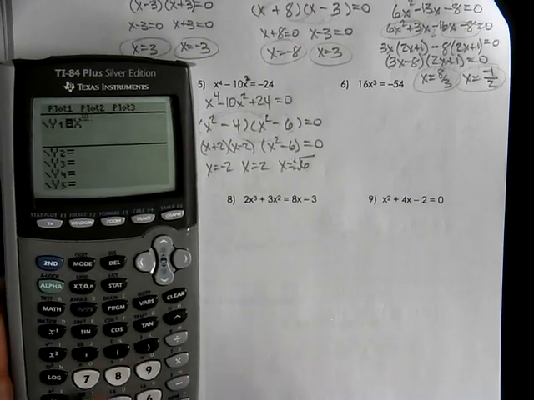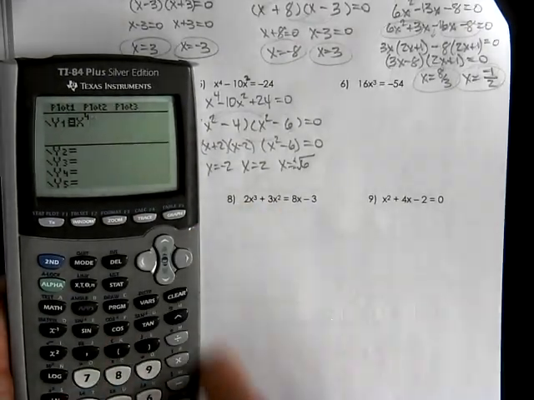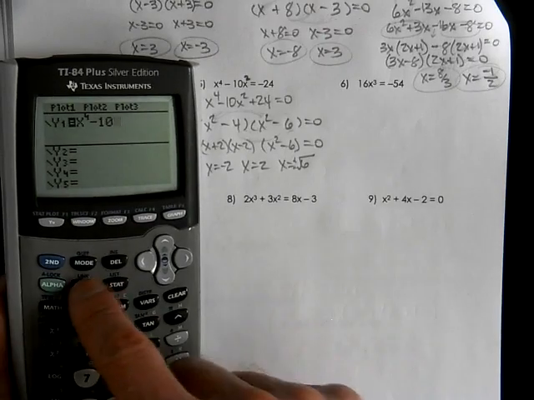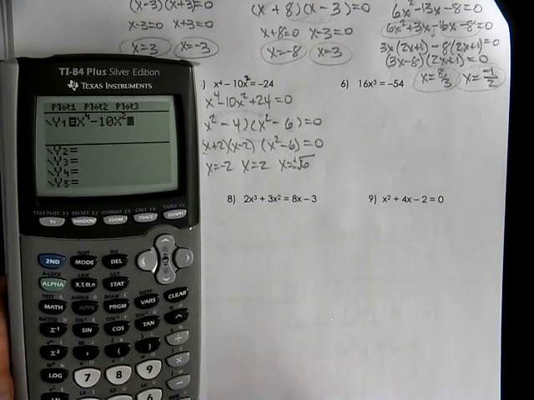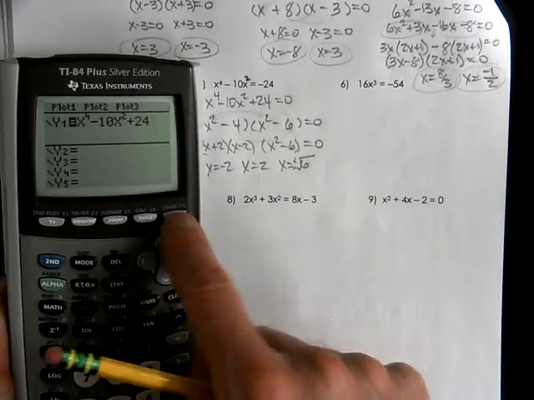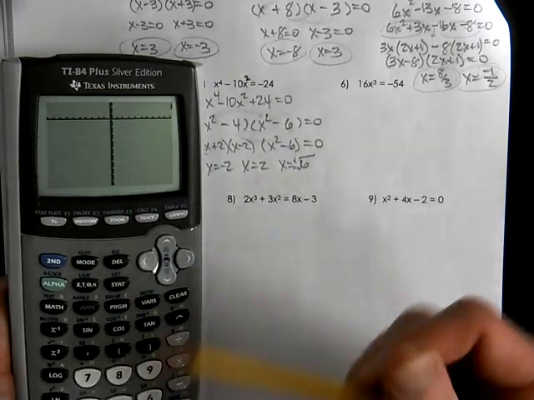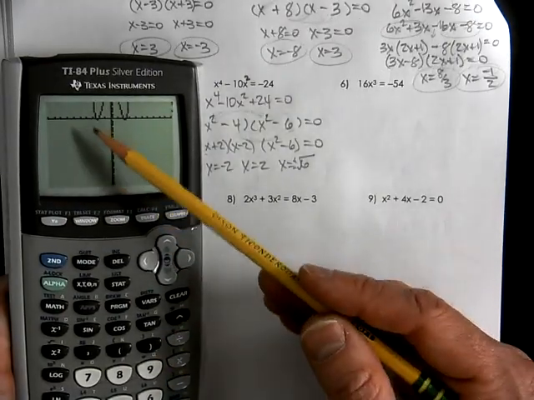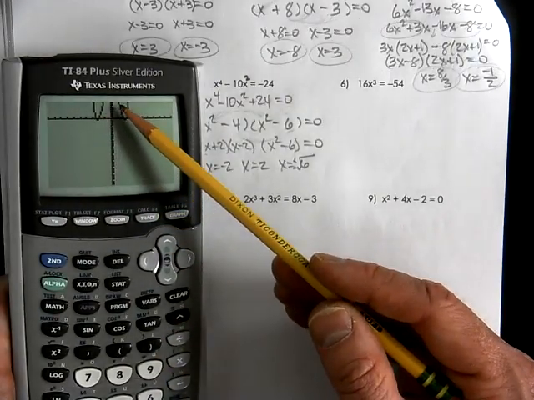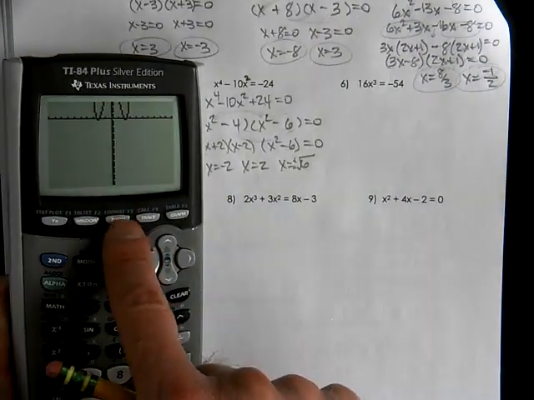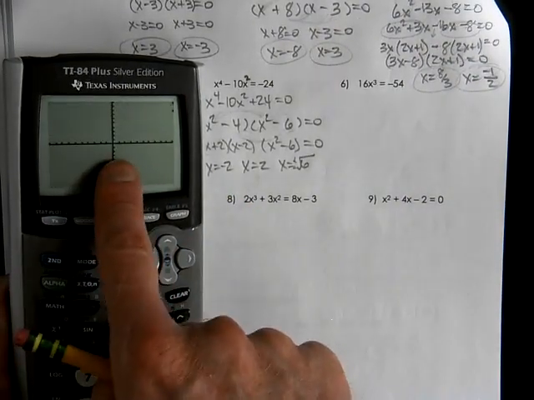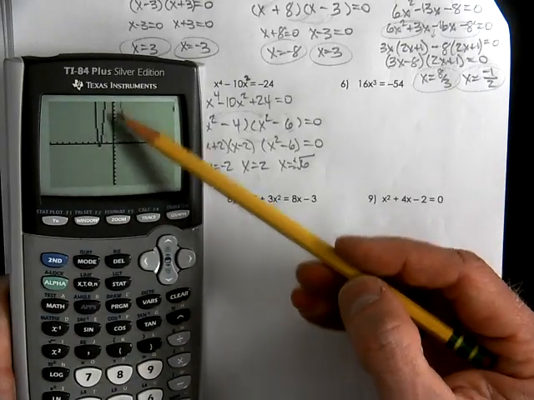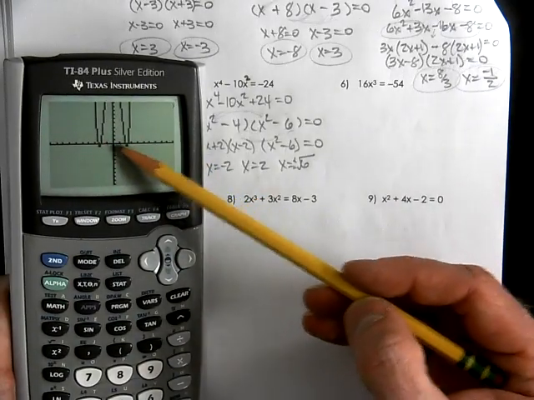I did not use my calculator to get the answer, but I'm using my calculator to check my work. In homework, that's very appropriate. Notice it comes down and it touches, so I'm going to go back to my normal standard, and you see that it's touching in those two spots.